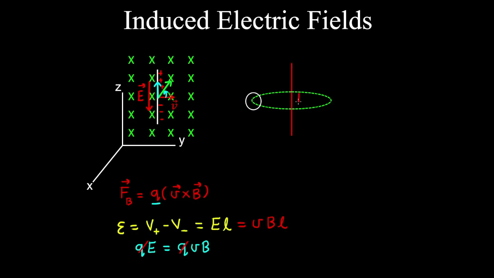Now consider this wire with a changing current, which results in a changing magnetic flux going out of the screen through this loop of wire. And according to Faraday's law, a changing magnetic flux is going to produce an EMF that opposes it.